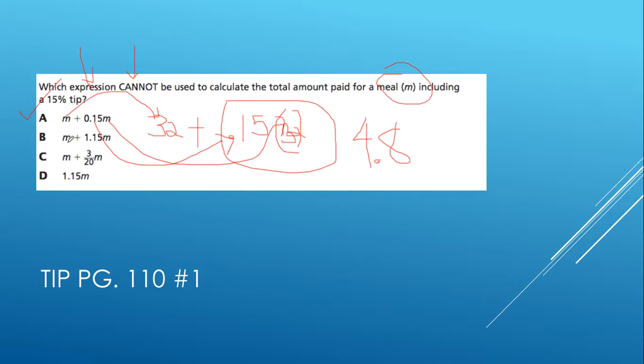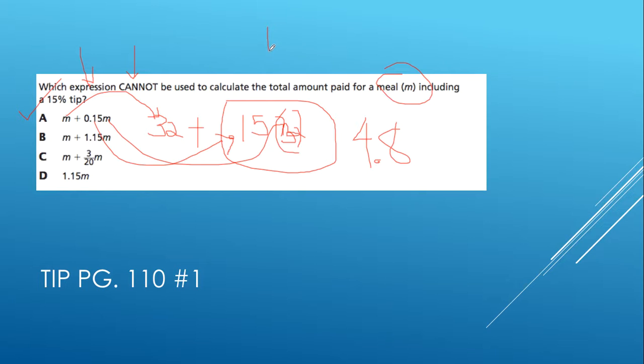Okay? The next one is saying we have our 32 plus 1.15 times M. So if we were doing that, what percent are we multiplying there?